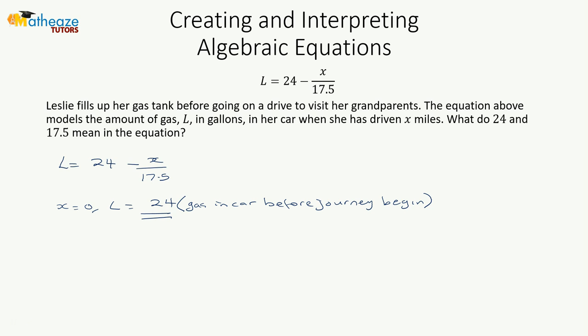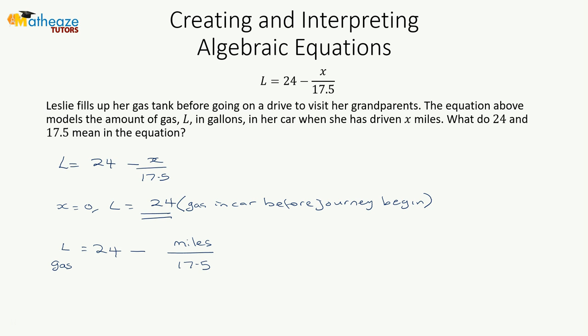L represents the amount of gas in her car after a specific number of miles that have been driven. So here, X is miles over 17.5, and we already know that L represents the amount of gas in the car. So what can we deduce about 17.5?